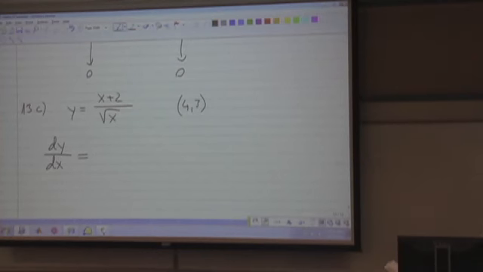Looks like a ratio of two functions, and so what we need to apply is called the quotient rule, right? So we have 1 times the square root of x minus 1 over 2 times the square root of x times x plus 2, all divided by x.